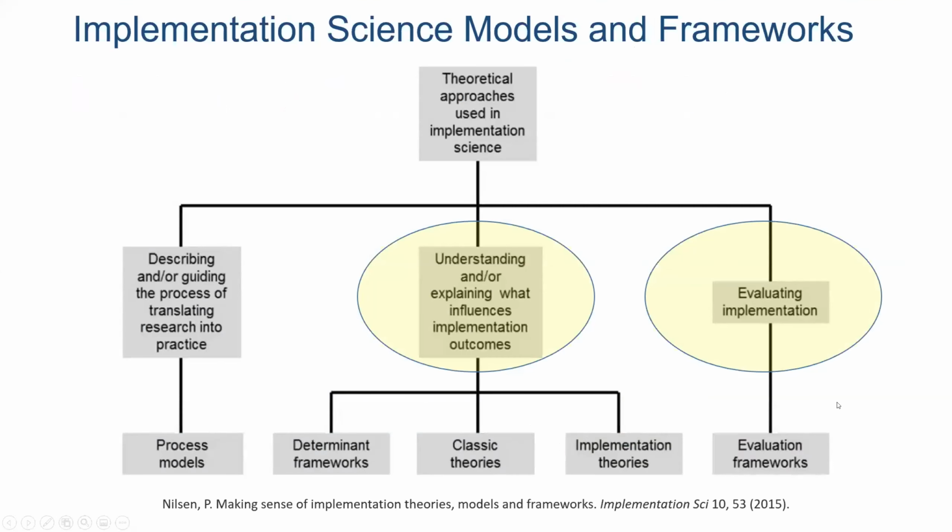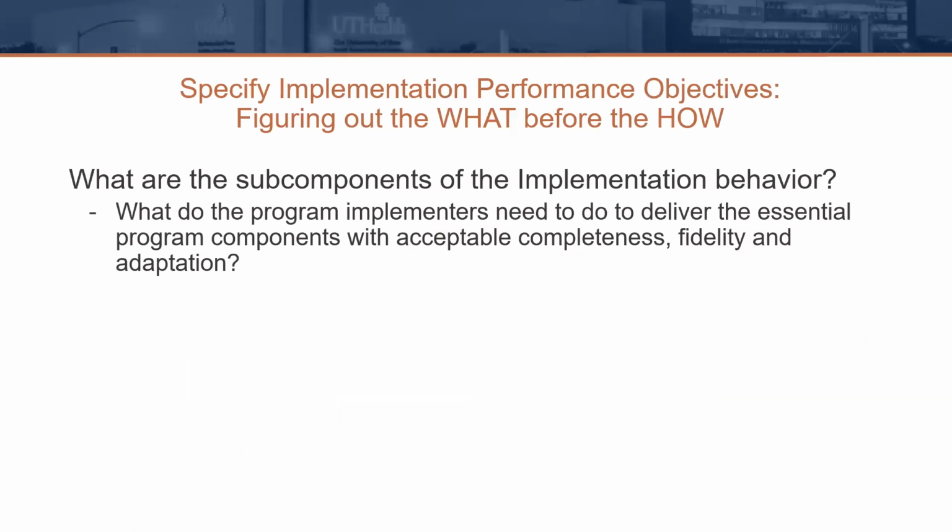And we talked a lot about theories and frameworks. These are the ones that are most helpful when you're planning implementation. So one of the, I think, seemingly obvious but really helpful things about the implementation mapping process is that it helps figure out what it is that we need to do before thinking about how we're going to do it.